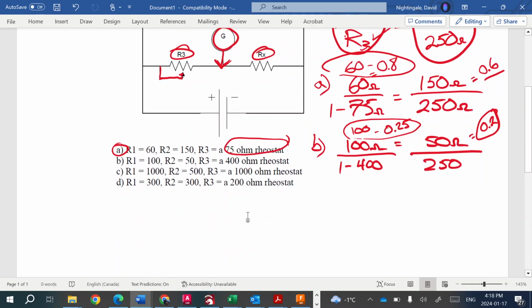Okay, so trial and error. We'll try letter C. So we got 1,000 ohms. R2 is 500 ohms. The rheostat is anywhere from 1 to 1,000.